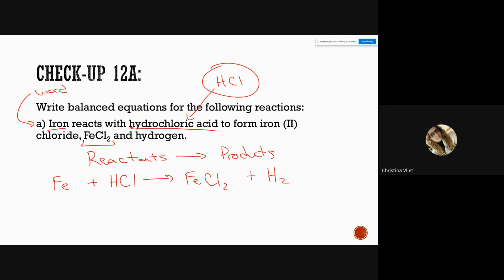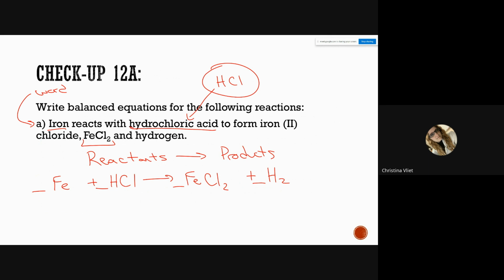So what is this called right now? Have I balanced this equation? No. I would call this the skeleton equation. It's just the overall reactants and products, but we don't have the correct amounts. You'll notice in this class, balancing is usually pretty easy. Meaning you're not going to get as crazy numbers for the most part as you even got in a previous chemistry class. Go ahead. Don't you just need to put 2 in?